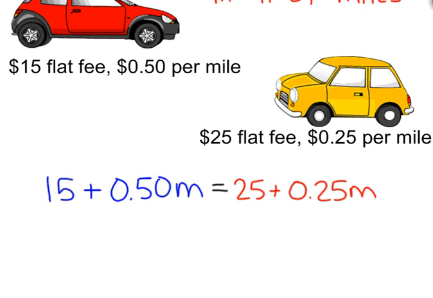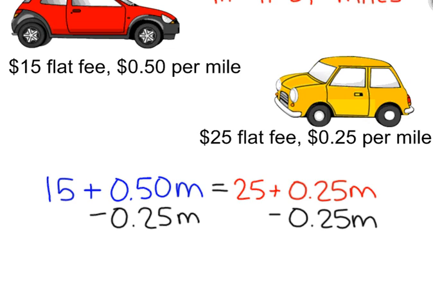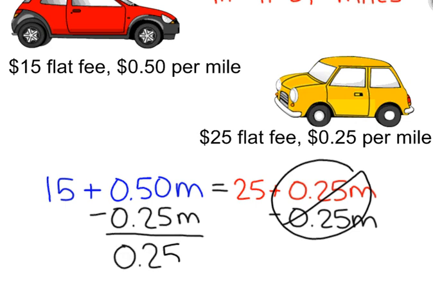The way that we'll get a positive coefficient is to subtract 0.25m from both sides, and that's just because 0.25 is smaller than 0.5. So this is my 0 pair. And when I subtract, I'm going to get 0.25m. So we'll bring down 15 plus and equals 25.